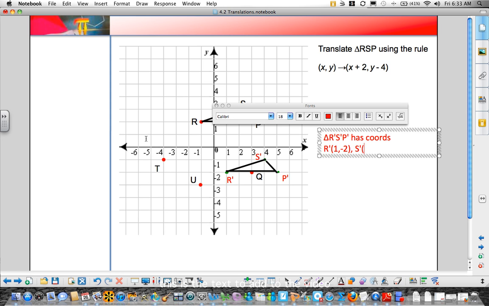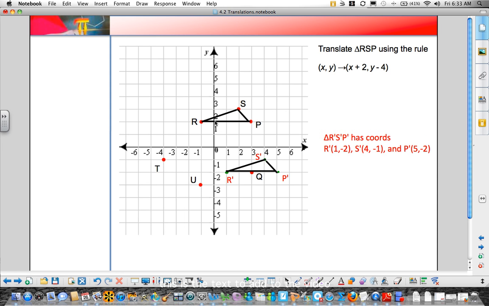S prime would be at the coordinate 4, negative 1. And P prime has the coordinate 5, negative 2. And that's great because we could take the coordinates from the original triangle, add 2 to every x, subtract 4 from every y, and get the same coordinates of our translation.